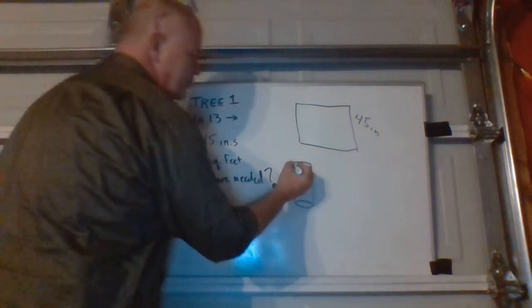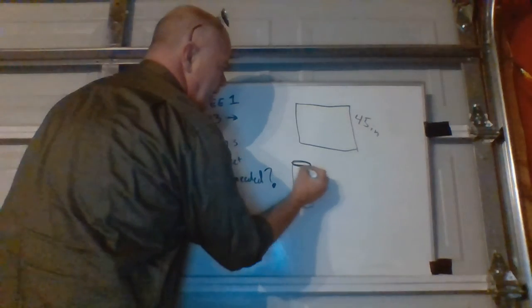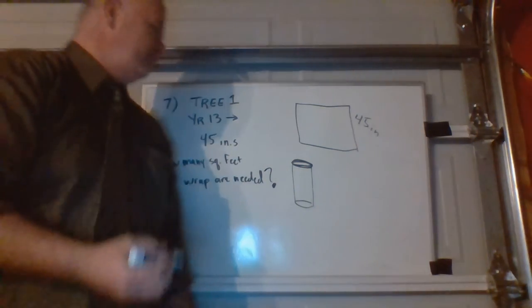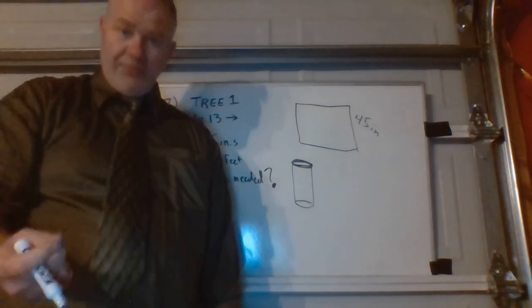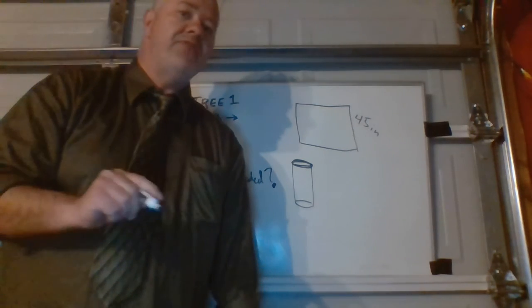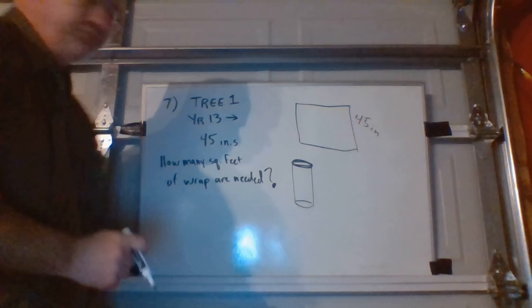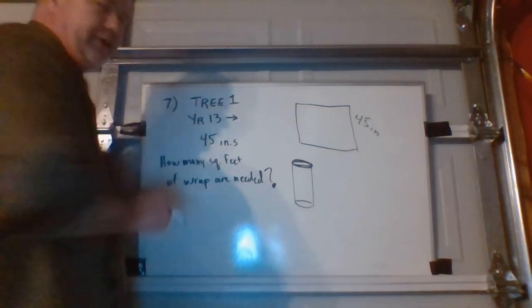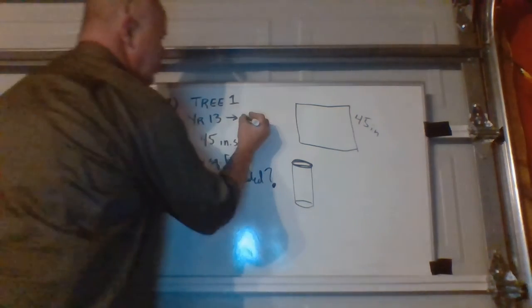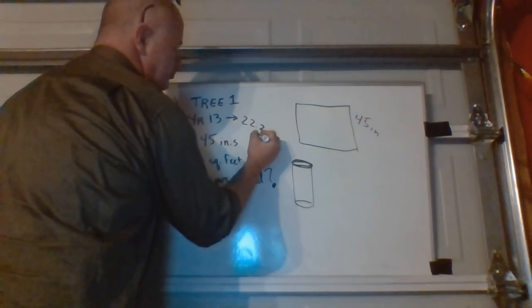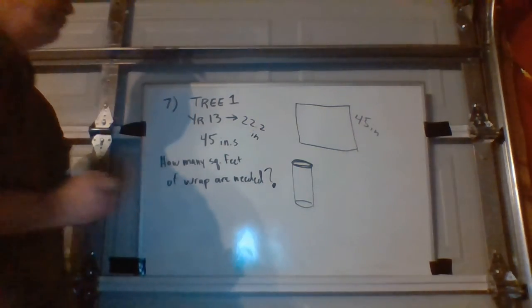If you look at the top of that cylinder, we have a circle. The information that we're given about that circle is the diameter, or the distance across. So when we look up year 13, it tells us the diameter is 22.2 inches.